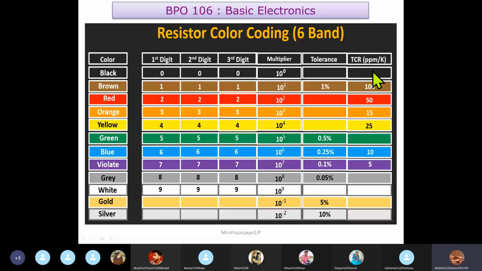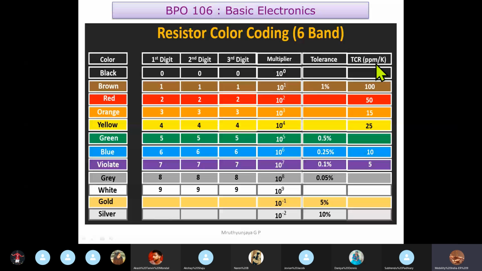Percentage, when we say 1%, means 1 in 100. 2% is 2 in 100. Likewise, ppm is a much smaller value. If you say 1 part per million, it is 1 in 1 million, 10 lakhs rather.